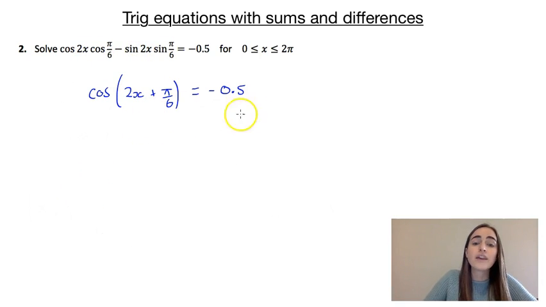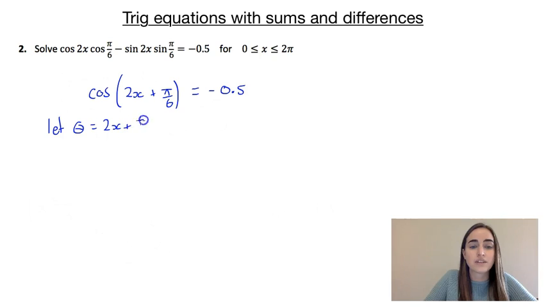All right, so now we can solve this just as a standard equation. So if we let x equal to, well, let's not use x because there's already an x in there. Let's use theta equal 2x plus pi on 6. Then our equation is going to become cos theta equals minus 0.5. Now that's going to change our domain though.